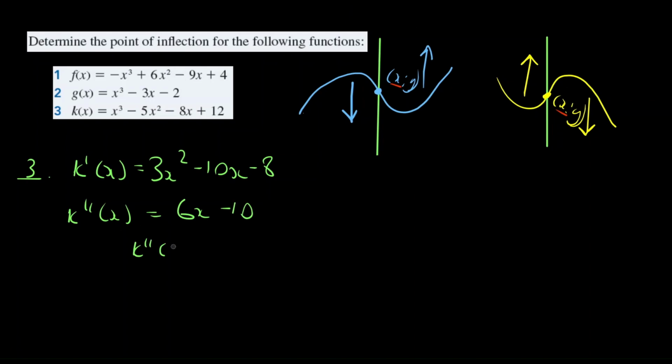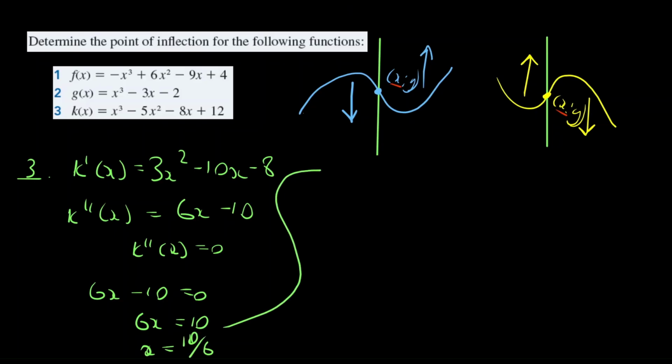We equate the second derivative to 0, which will be 6x minus 10 is equal to 0. 6x is equal to 10, therefore x will be equal to 10 over 6, which is 5 over 3.